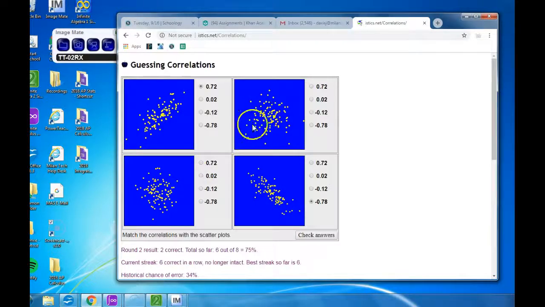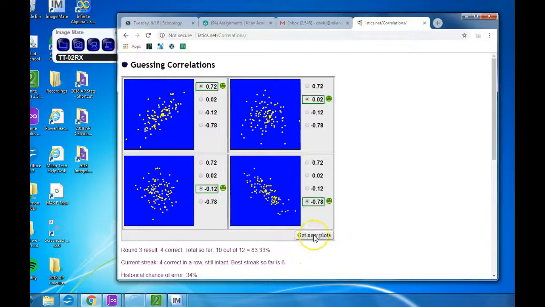Both of these are weak, right? And then the other thing to describe is positive or negative. So I'm having trouble. You guys agree with that? Yeah, I think so.